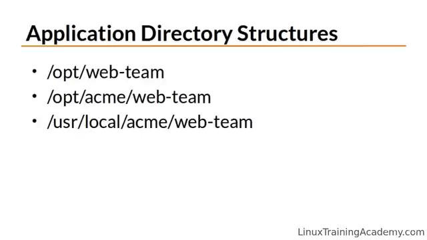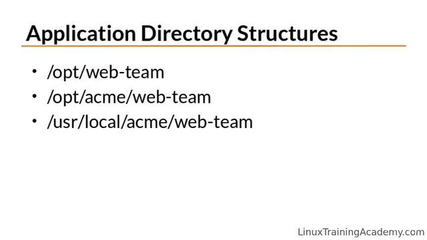Here's yet another slight variation, /opt/organization-name or /opt/company/organization-name, or even /usr/local/company/organization-name. The most important thing to know about applications that are not shipped with the Linux operating system is that they're typically found in /opt, called opt, or in /usr, called user.